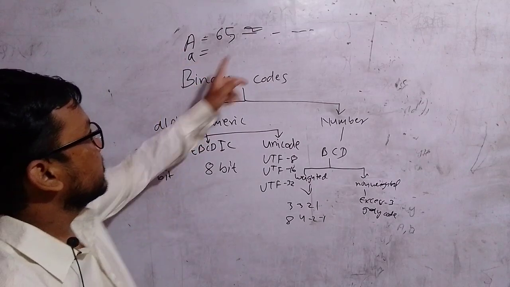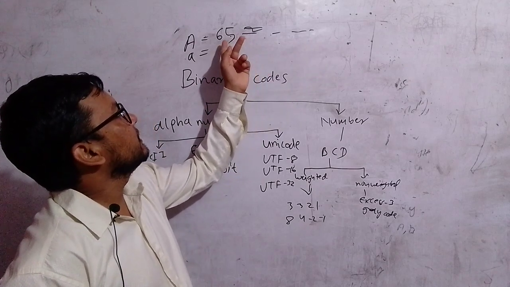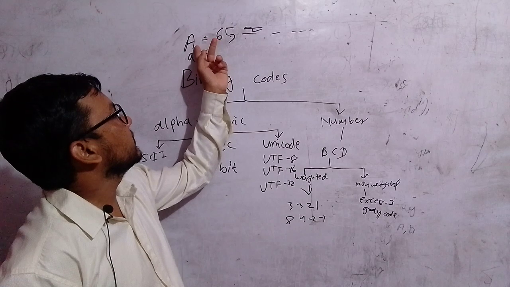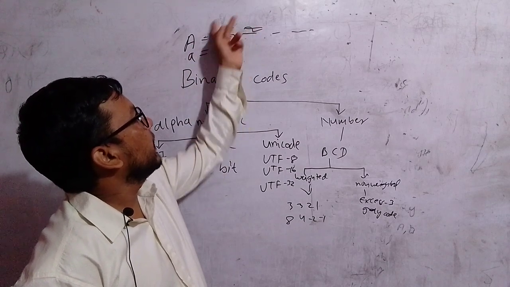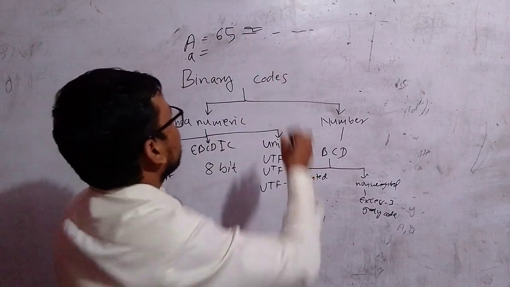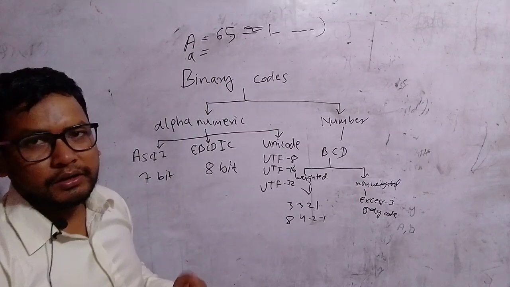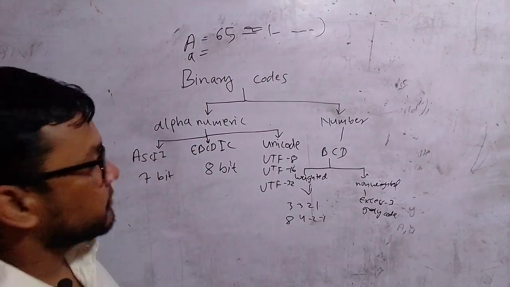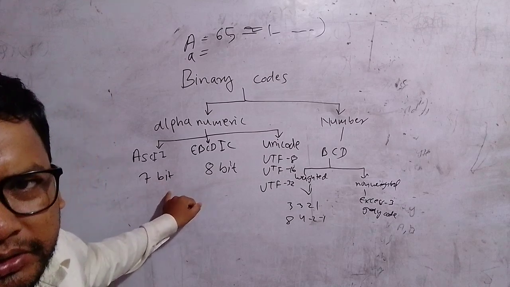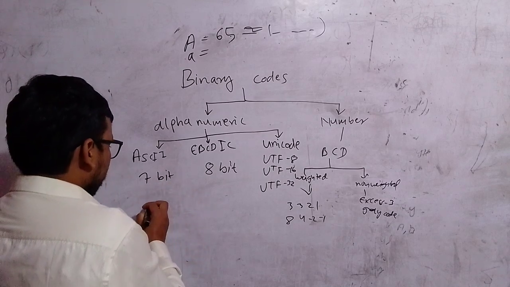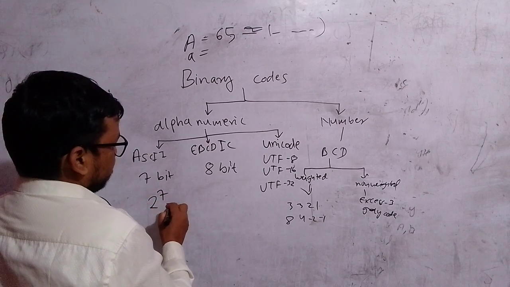This is a 7-bit binary code used to represent 65, and 65 is coded as A. That means it is represented by 65 in decimal, and the decimal is again converted into binary code. In this way we represent all symbols: special symbols, small letters, capital letters, and so on. Then how many symbols can it store?